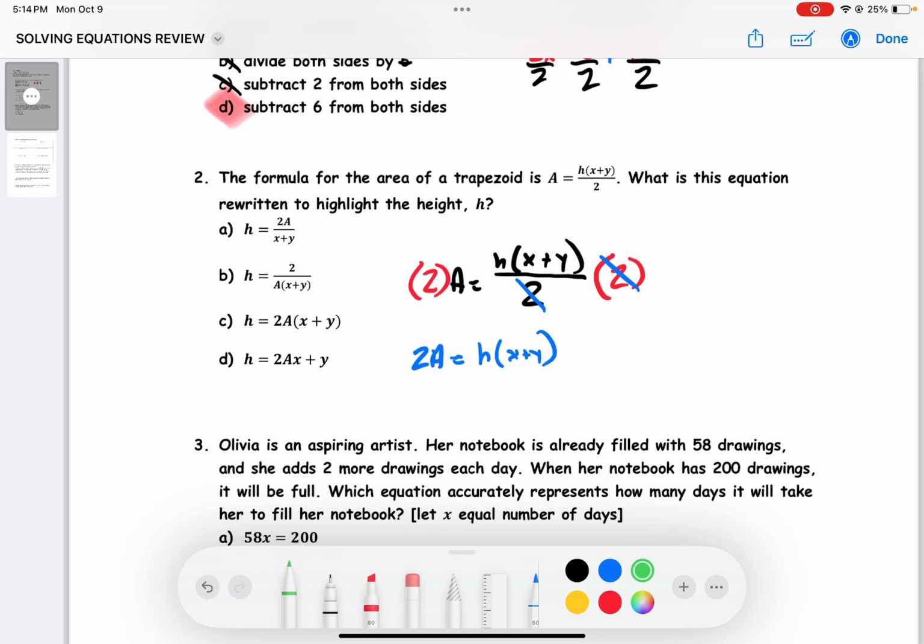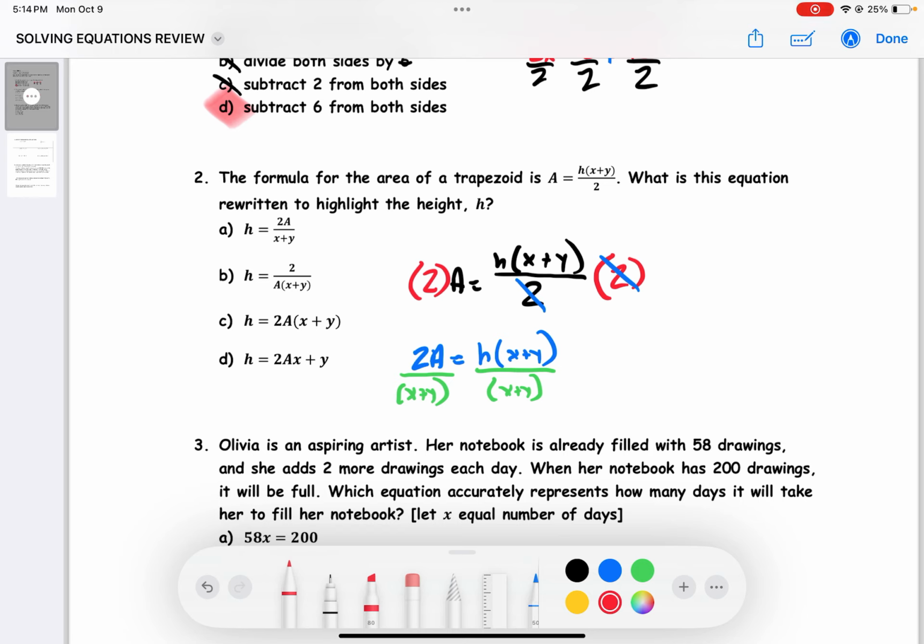And then, once again, do not overthink these kinds of steps, right? H is being multiplied by that number, right? The fact that you don't know what that number is does not change the fact that the opposite of multiplying it by it is dividing by it. Your thought process does not change. It just gets a little more abstract.